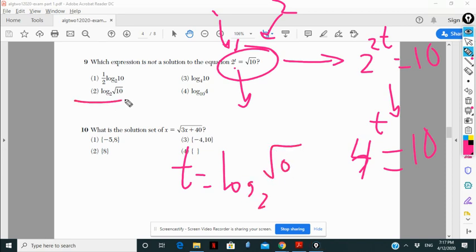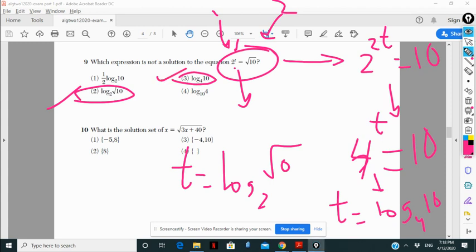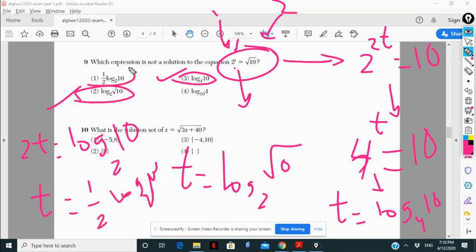That's correct. Now the other one, I want to write it: t equals log base 4 of 10. That's correct. The last one, 2t equals log base 2 of 10, so t equals half log base 2 of 10. So that's the one correct. So the incorrect one is 5. So I pick number 4.